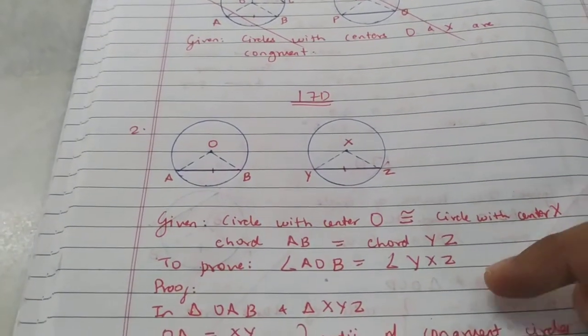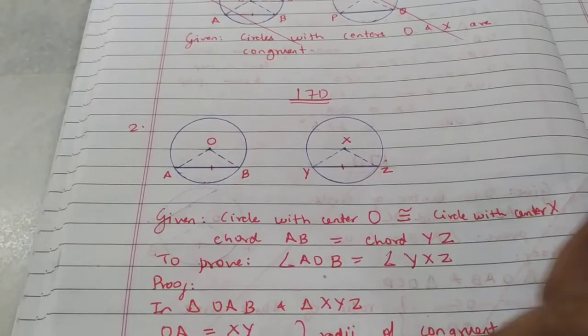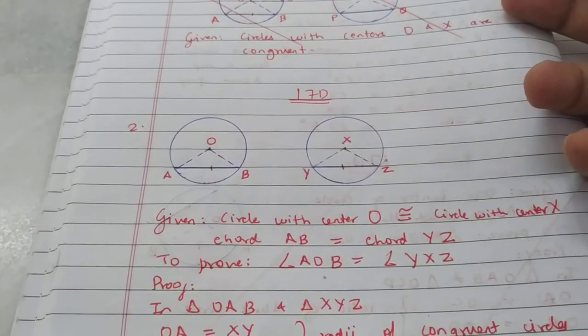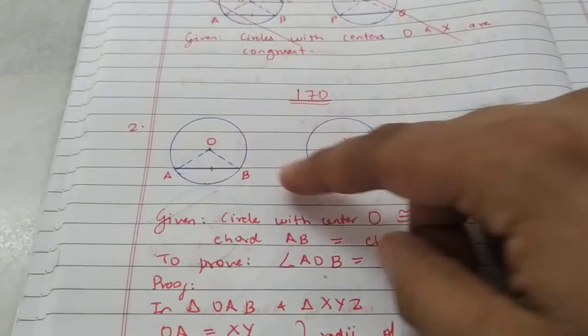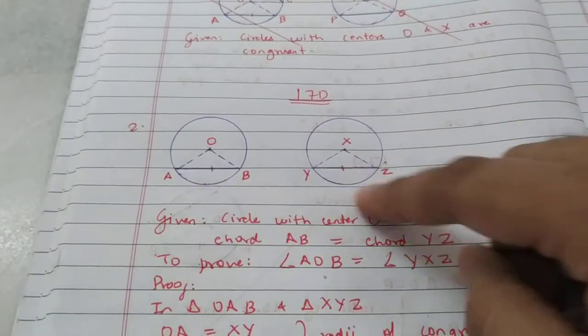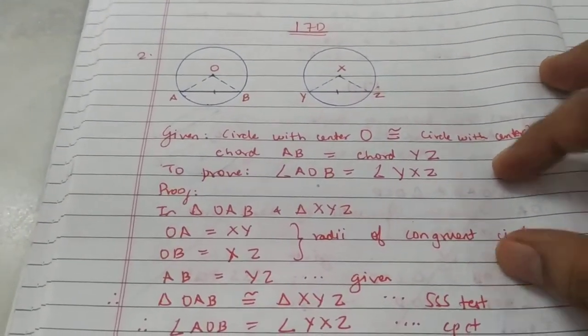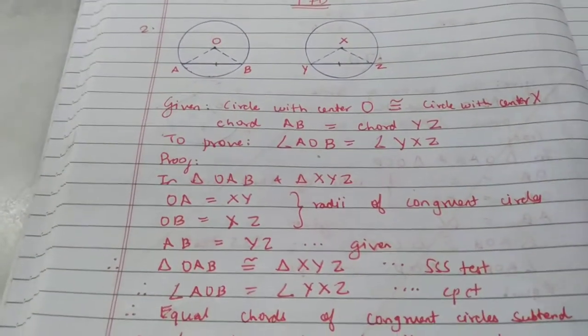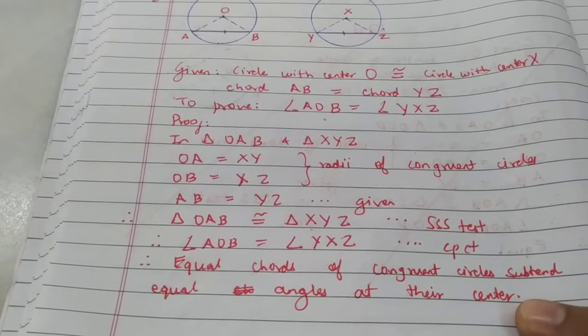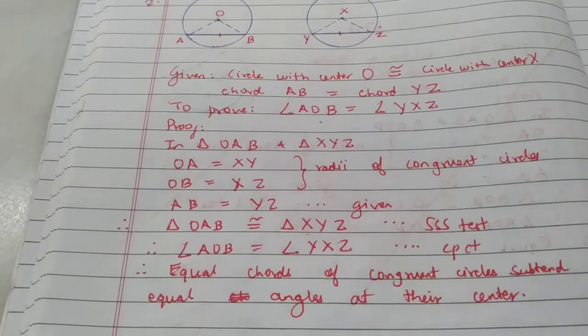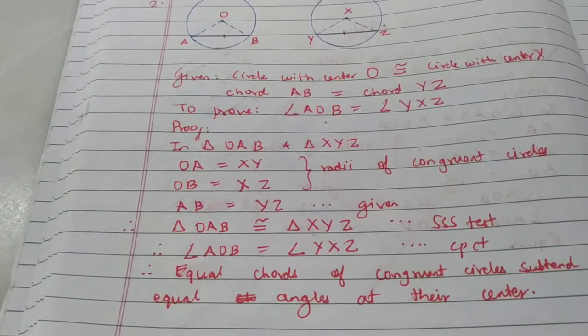So given, to prove, and the proof now, we'll prove these two triangles congruent by SSS test. Radii, radii, chord, all are equal, all are given. So the two triangles are congruent, so the central angles are equal by CPCT. And don't forget to write the final statement in English, otherwise you'd lose some marks.